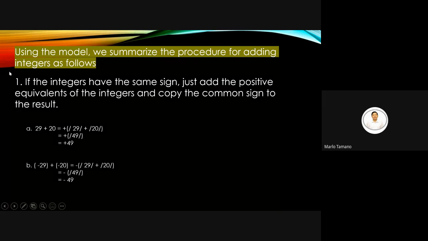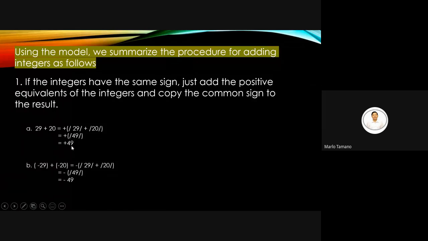Look at this one. Our first addend, which is 29, that is positive. The sign of the second addend is also positive. Now, pagpapalasin nyo lang daw, and that is 49, positive 49. Copy the common sign kasi nga positive yung 29, positive din naman yung 20. So we have common positive. Okay? So therefore, your answer is positive 49.